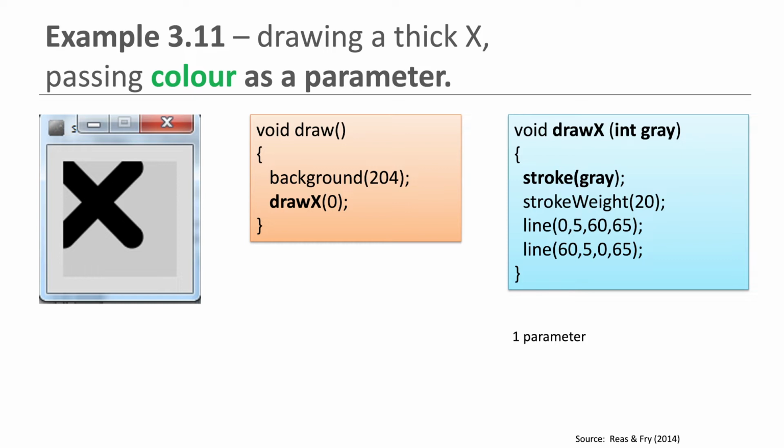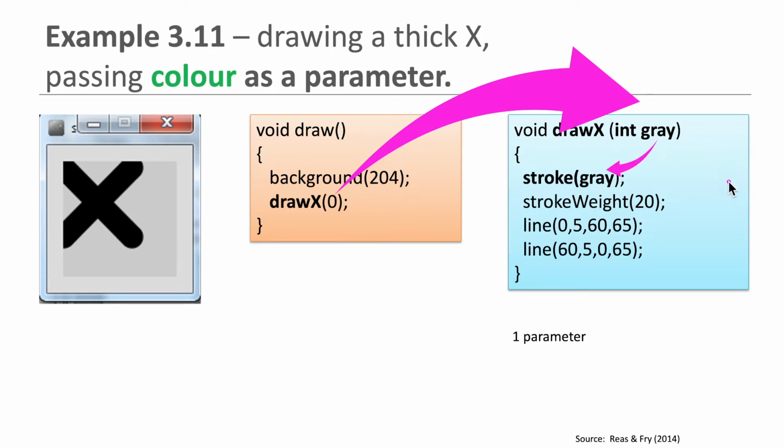So what we're doing now is we're saying, okay, drawX now has to pass in a value that represents the color. So I'm passing in 0 into this method drawX, and I've now added a new parameter, and I've called the parameter gray for grayscale value, and it's a single integer number. So what's going to happen is that the 0 gets passed into the parameter gray, and then we can use that parameter inside our code to refer to the fact that we're using 0 on this occasion.